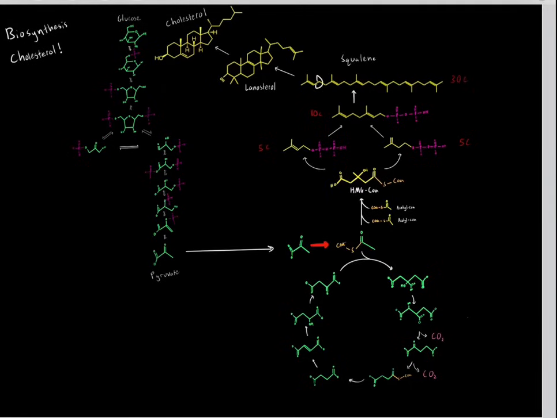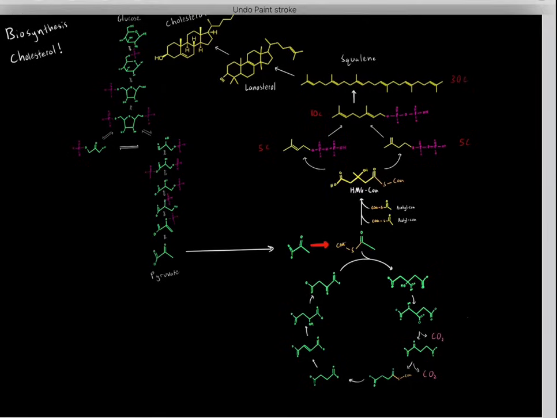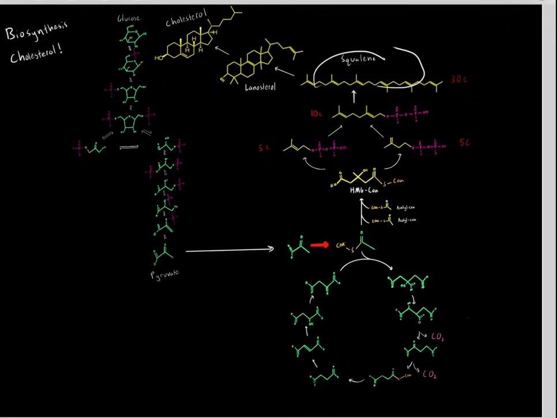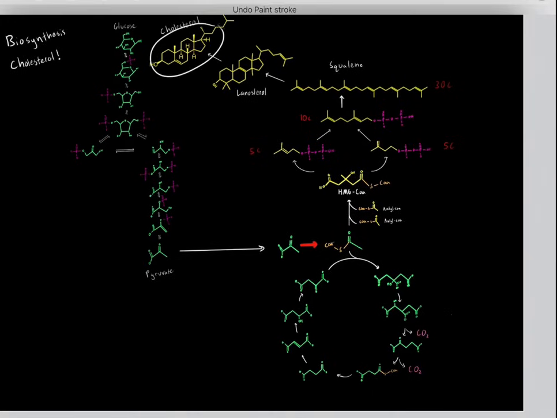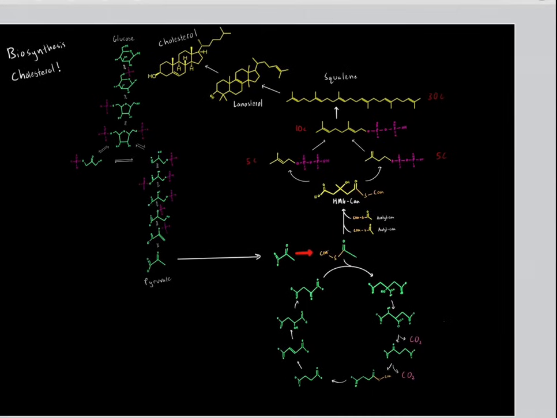So this squalene has free rotation among some of these bonds, so this squalene can fold and get in a particular conformation where it can react with itself to form lanosterol, which can then be used to form cholesterol. But notice this is pretty interesting. As long as we have glucose molecules, we can take these atoms and glucose molecules to form acetyl-CoA molecules, which can form HMG-CoA, which can form these 5 carbon units, which can be used to form larger organic molecules like cholesterol. So we can biosynthesize cholesterol.